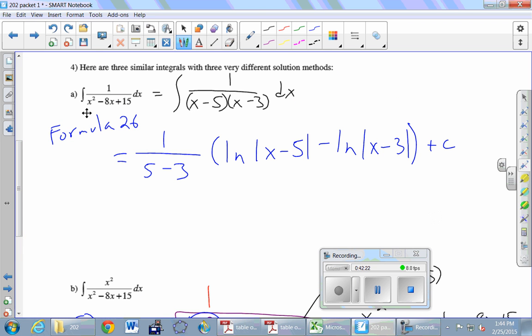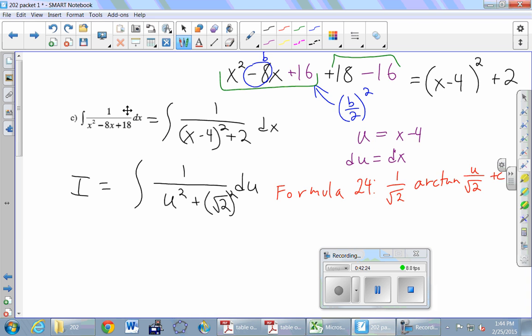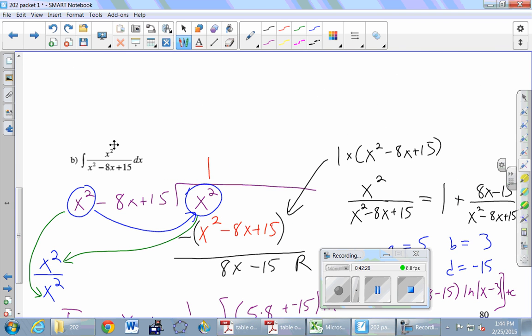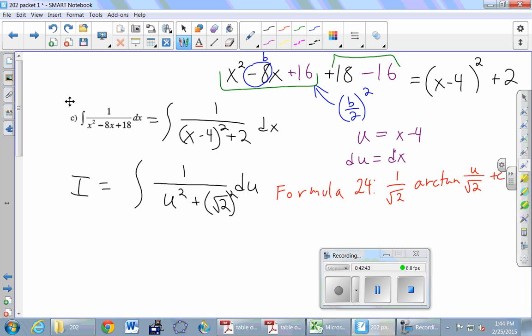We just factored, and that was fine. And the second guy, what did we notice about the degree on top and the degree on the bottom? The degree upstairs was greater than or equal, which means if you do long division, you'll end up with something less than the degree downstairs, which opened us up to one of the formulas in the table. And then finally, if you cannot factor it, the fancy word is irreducible, then you try completing the square because maybe that looks like formula 24 or 25, I think.